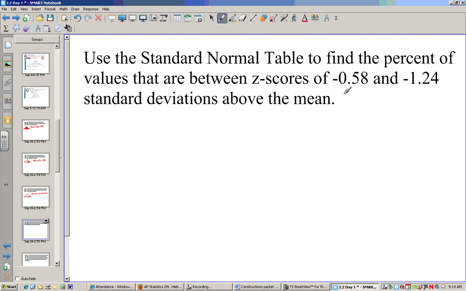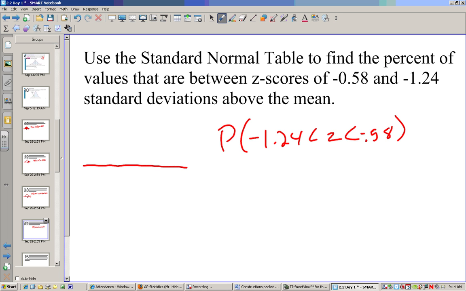All right, now if we want to find the probability that something is between these two values, the probability z is between negative 1.24 and negative 0.58. So if that's my 0, -1, -1.24 is over here, -0.58 is right there. So that's a good chunk.